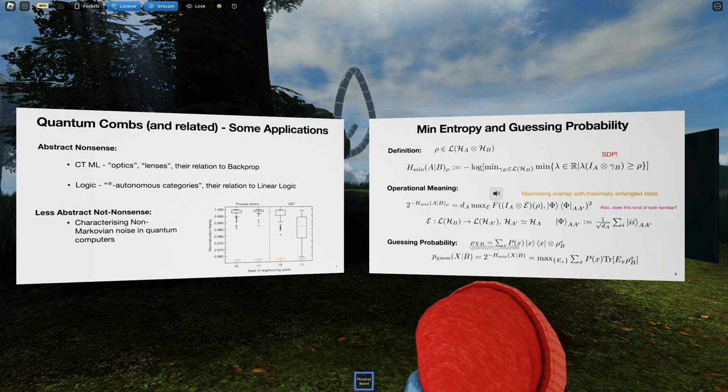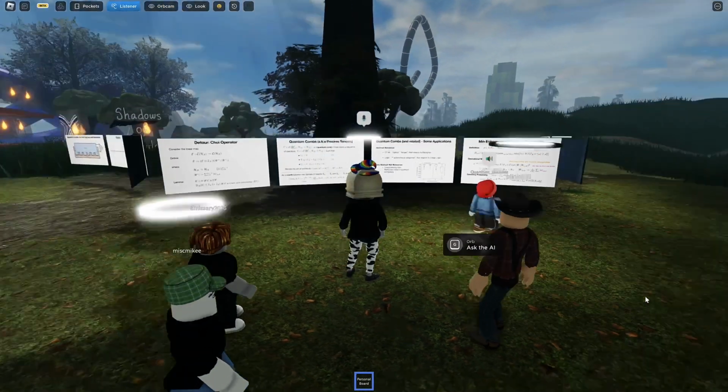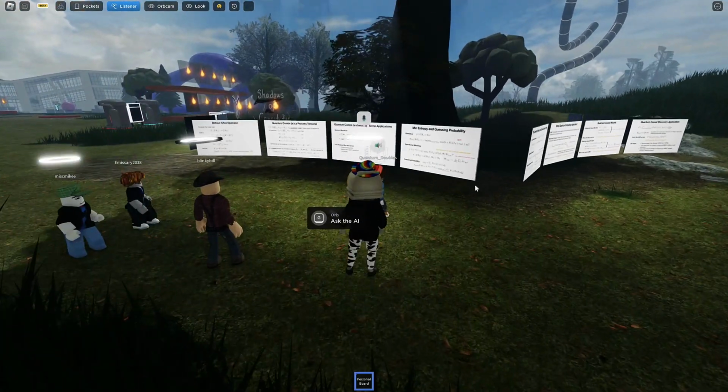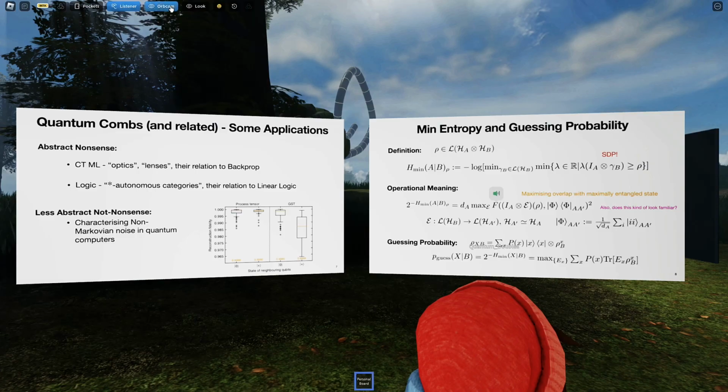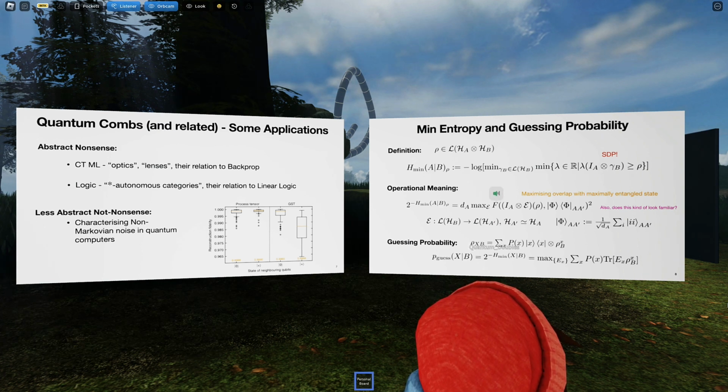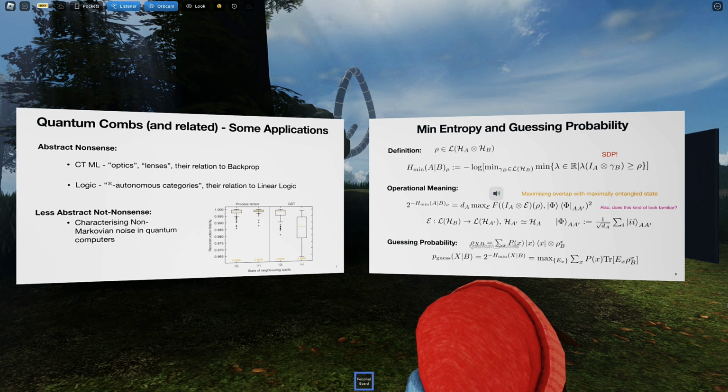All right. So the next slide we have is min entropy and the guessing probability. This is essentially the last slide we need before I can start to point towards some work that I've been involved with. The min entropy is an entropic measure, as the name suggests, and it comes from some work specifically in cryptography and things like this. Again, I don't know if Eleanor is in the audience.